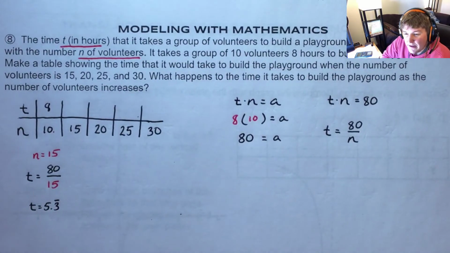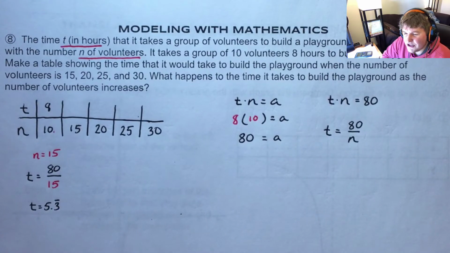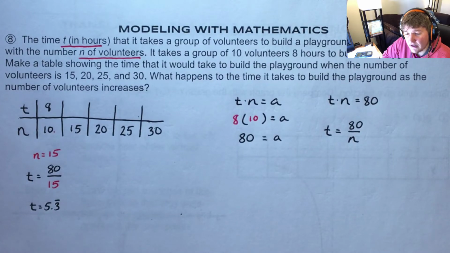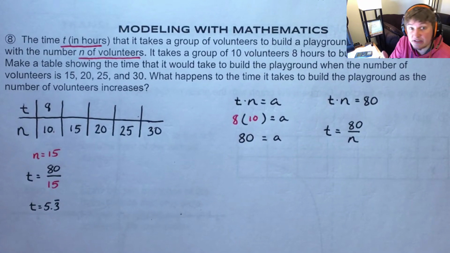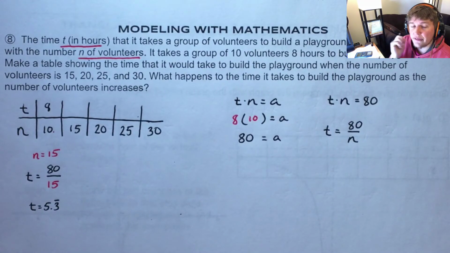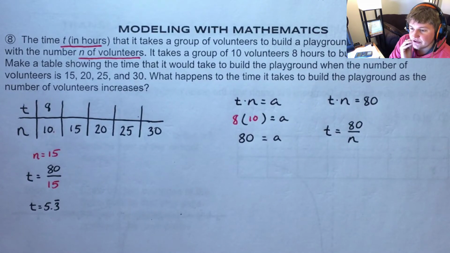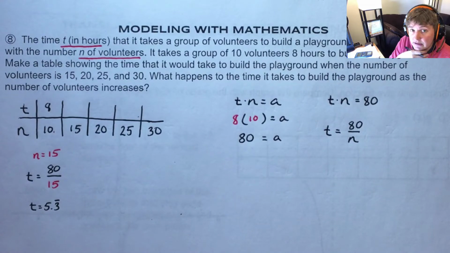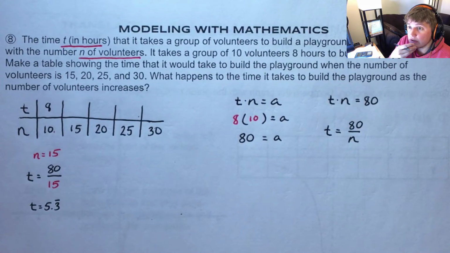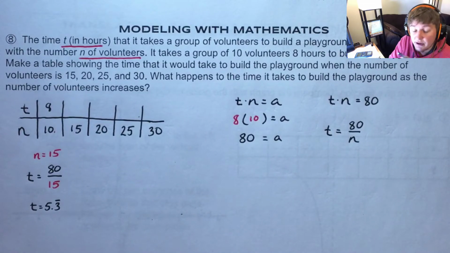We can actually convert this into something pretty nice and neat. Let's think about what 5.3 repeated really means. Well, 5 is going to be 5 hours, but 0.3 repeated is a third. So we have to think about how many minutes is 1/3 of an hour. There's 60 minutes in an hour, so you divide 60 by 3, and that's what a third is. 60 divided by 3 is 20.